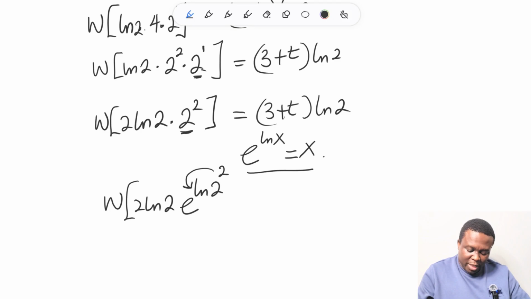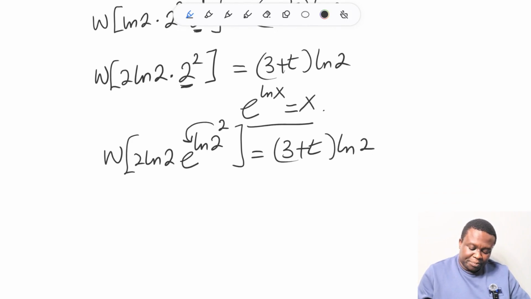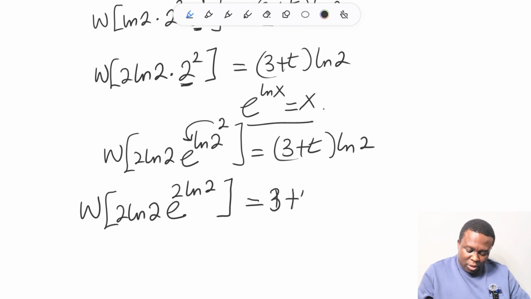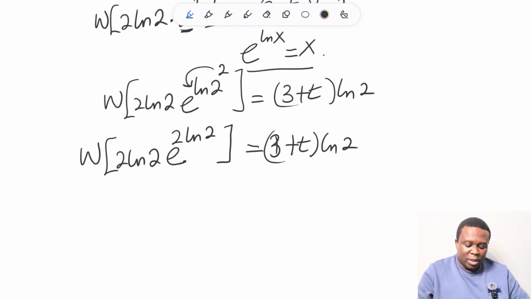These two can come behind and become W of 2 ln 2 e raised to the power 2 ln of 2, and everything is equal to 3 plus t ln of 2. Now we see that the base and the power are both looking the same, and we have our e represented as well. So Lambert W function is satisfied.